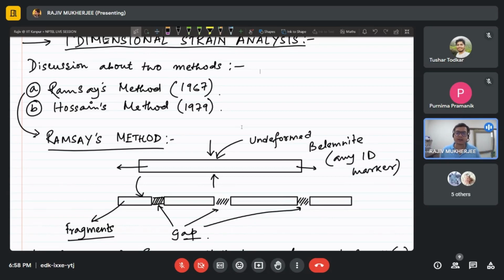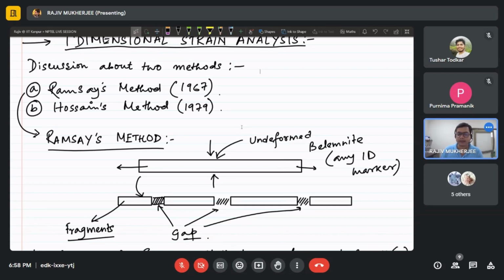We are simply considering these fragments to be rigid objects, and the material in between is a ductile material, which spreads these fragments away from each other, and from that assumption we are making this analysis. So while these methods are very handy for a first order estimation of strain, especially in the field, they are not at all correct procedures.